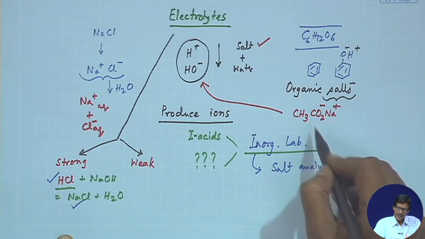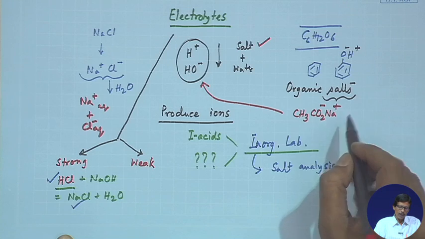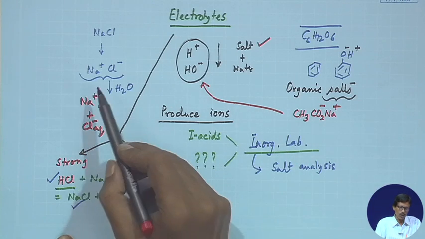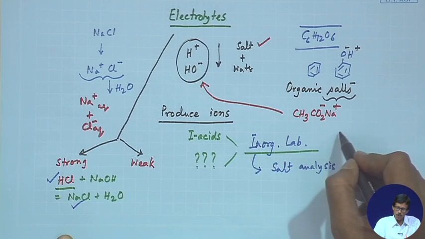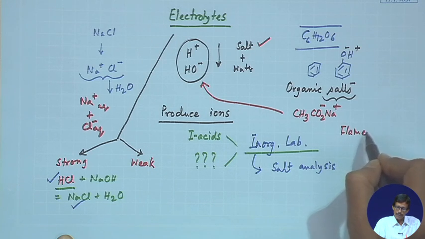If we selectively go for the test of the sodium ion, whether sodium ion from sodium acetate or from sodium chloride, we all know that we can have a flame test.